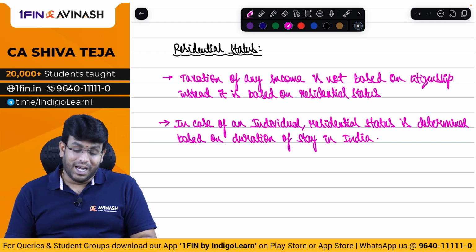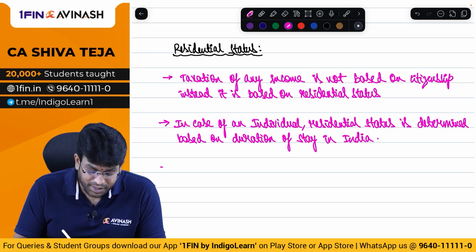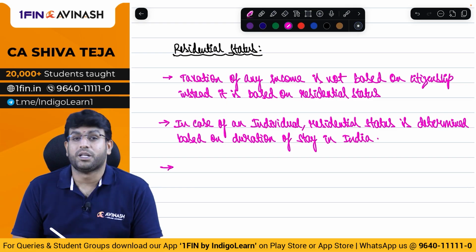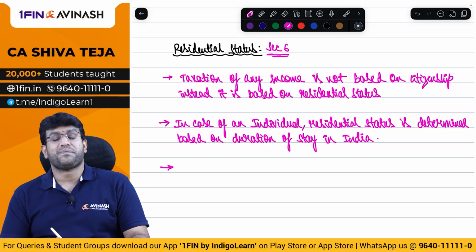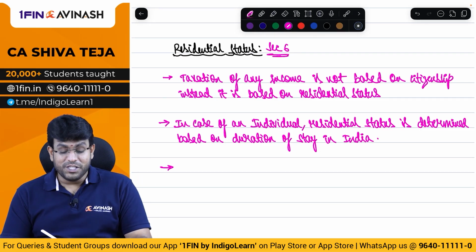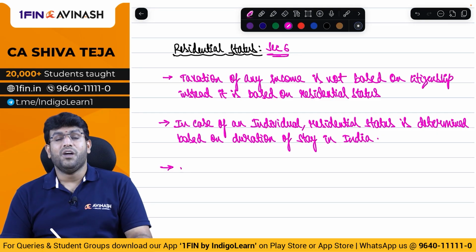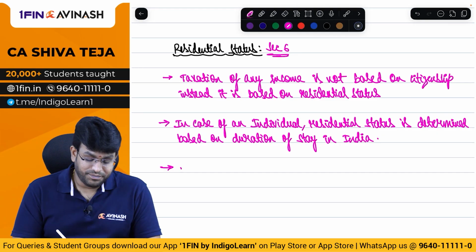Understanding, my dear friends? And in this particular topic, the residential status is determined based on the provisions of section 6. Section 6 deals with residential status. Based on that parameter, we will decide whether a person is a resident or a non-resident.